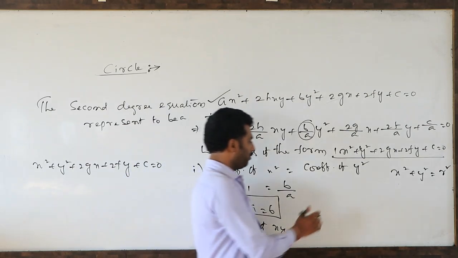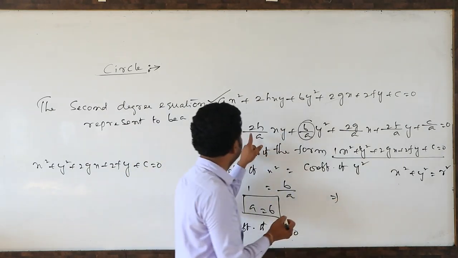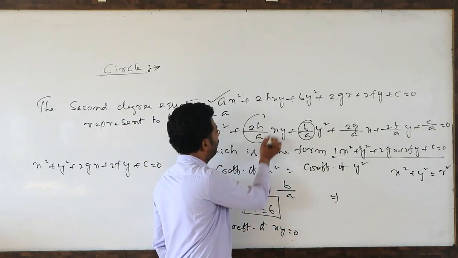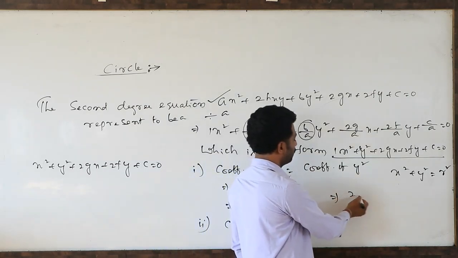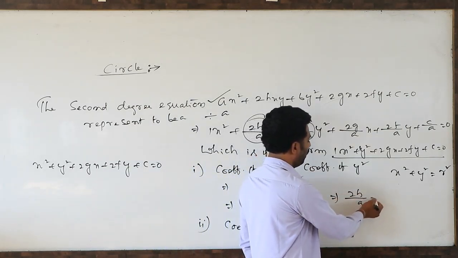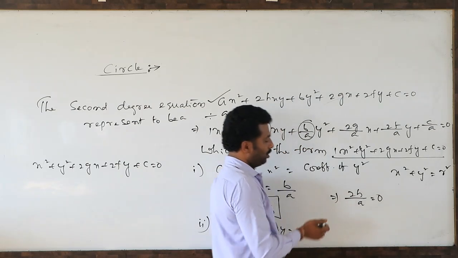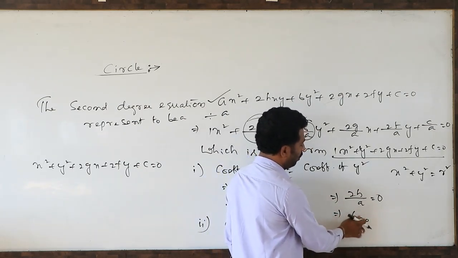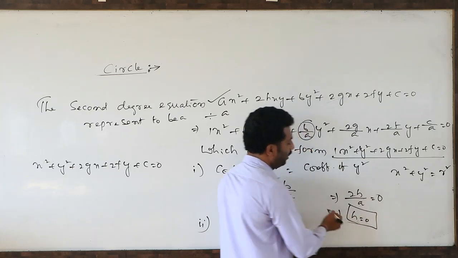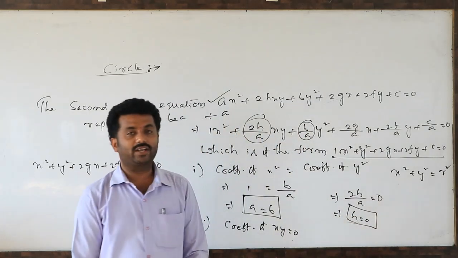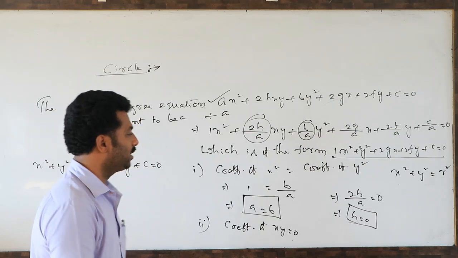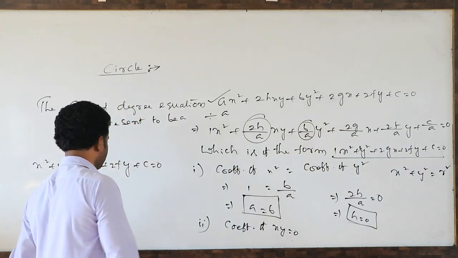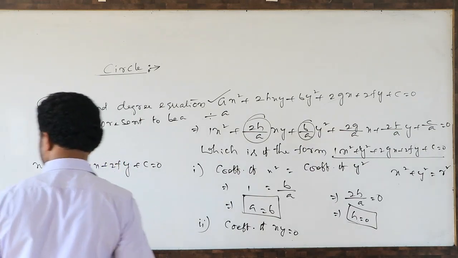What is the coefficient of xy in this case? 2h by a equal to 0. So 2 by a you send that side, so finally h equal to 0. What is the second condition? Coefficient of xy must be 0, that is h must be 0. Next. Third condition.